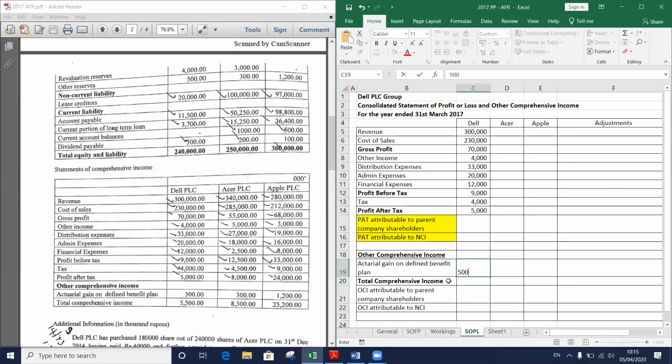There is an actuarial gain of 500. All together total comprehensive income is 5,500. Again, we need to have this allocation.